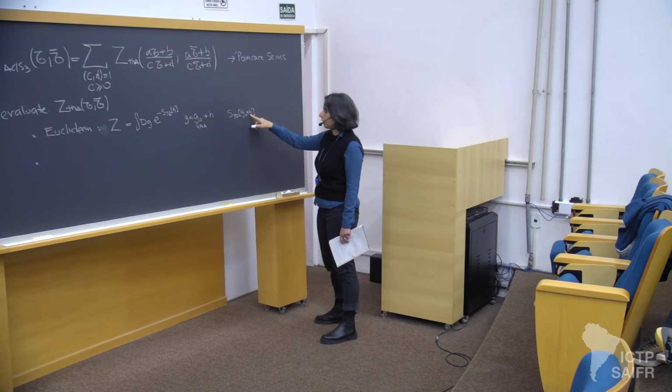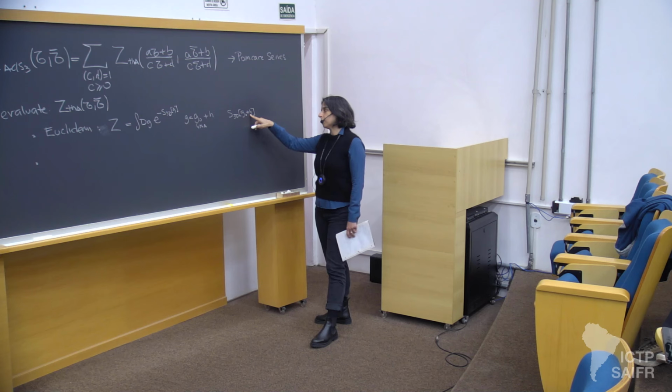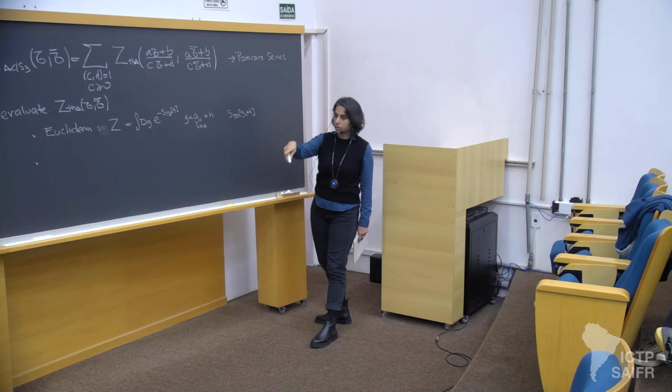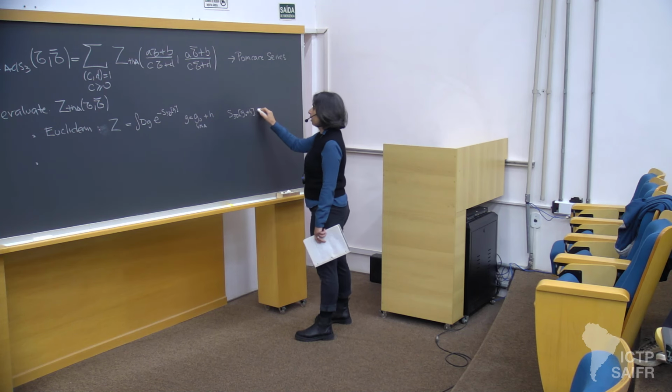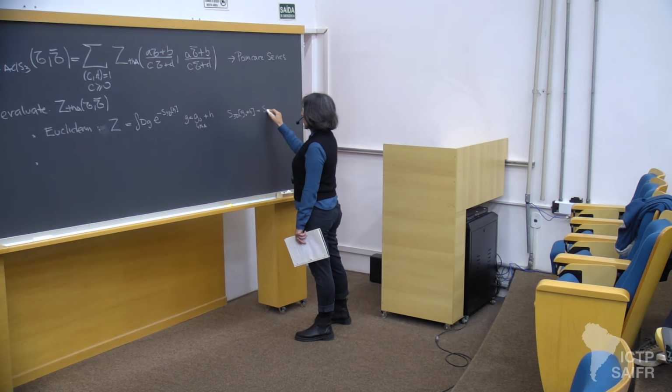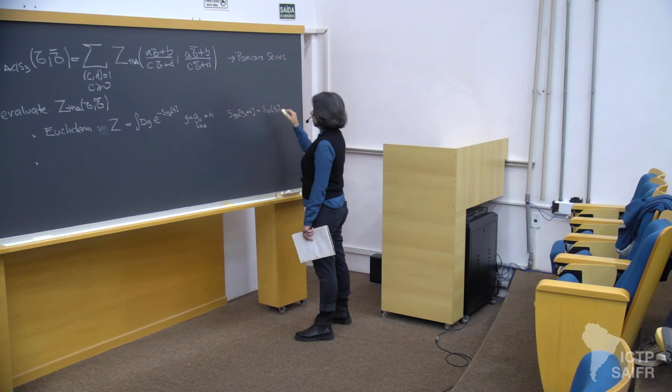Doing perturbation theory, the loop expansion, basically means that you're treating h as a perturbative quantity.